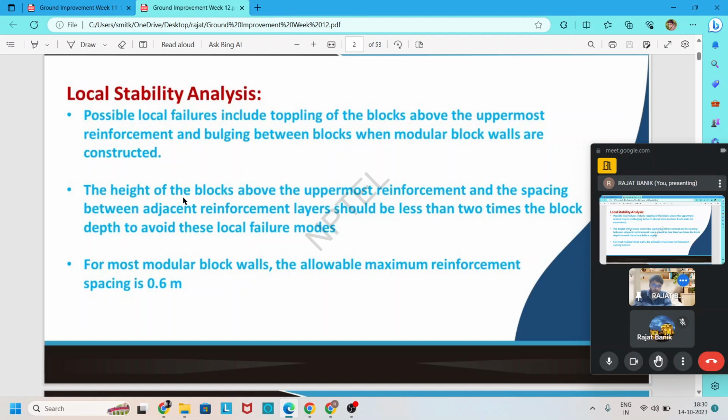For most modular blocks, the allowable maximum reinforcement spacing is 0.6 meter. So these are some requirements you need to address when designing the mechanically stabilized earthen wall to make it safe from local failure.